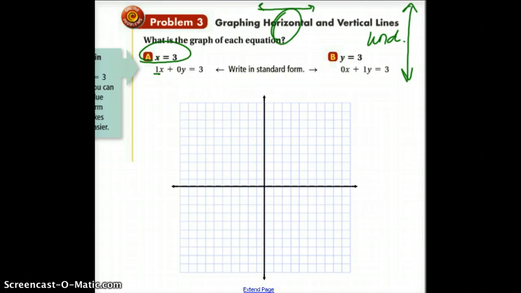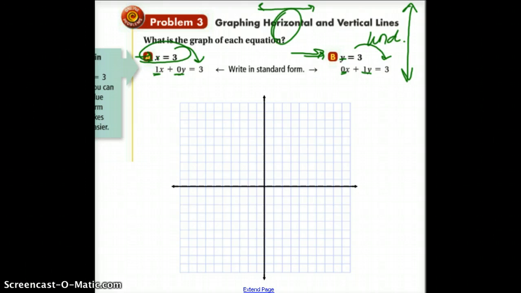Notice there's 1x, 0 y's, and our c part is 3. A line equation that just says y equals 3 can also be written in standard form. Notice there's no x's, there's 1 y, and it equals 3. So we're just going to use these shortcuts, but just know that they are equations of lines in standard form.